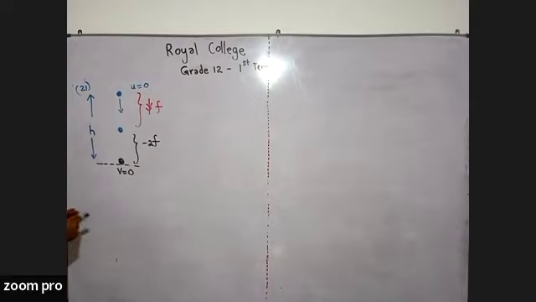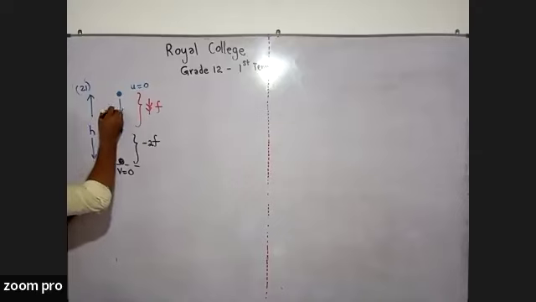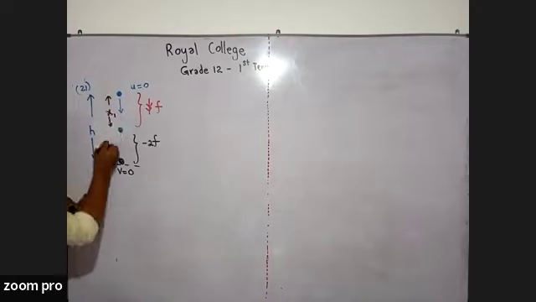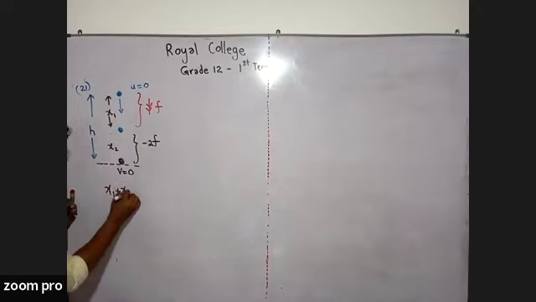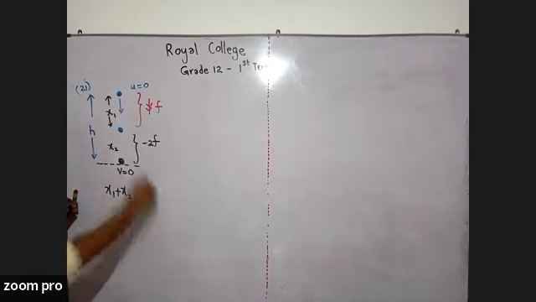Now the question is asking the total time, right? So let's assume that the distance traveled with acceleration is x1 and the distance traveled with the deceleration is x2. Now x1 plus x2 equals h, right?